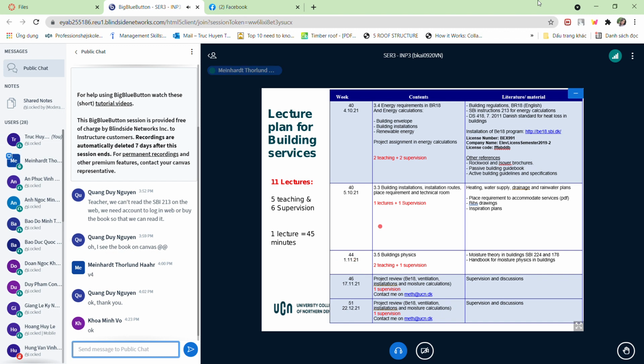Okay, so you can write down your questions. You can email them or something, and I'll try to pick up the questions. If you have some questions for week 44, that's also fine for me, so we can take some of them there. But as I understood, you're supposed to do this PE18 energy frame calculation during your project this semester, and I think you should start doing that as soon as you can.